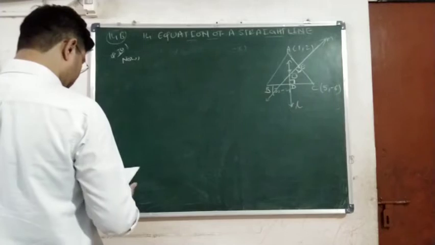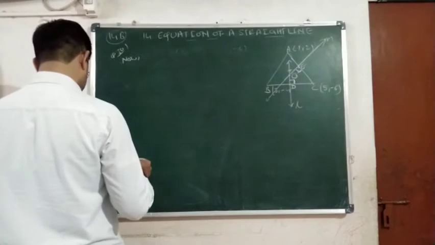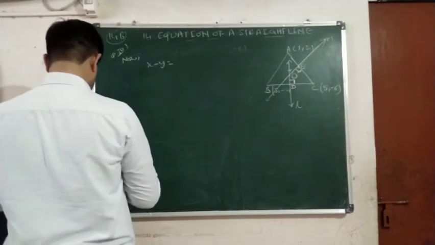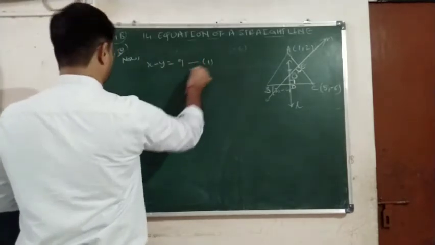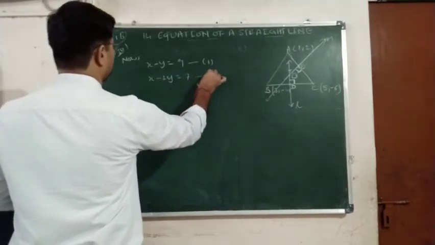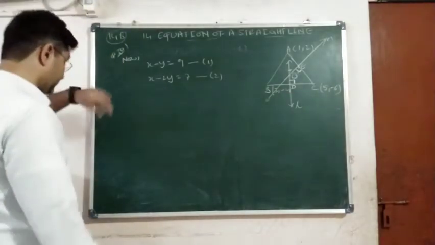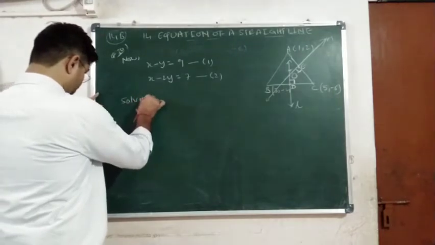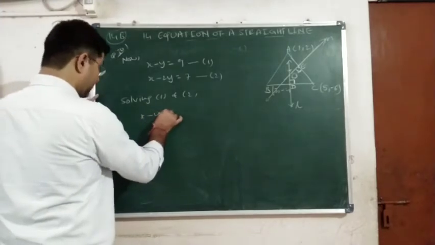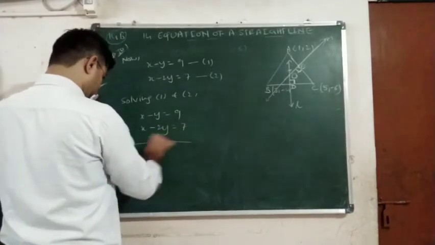The first equation is x minus y equal to 9 and the second is x minus 2y equal to 7. We will solve the two equations. Solving equations 1 and 2: x minus y equal to 9 and x minus 2y equal to 7.